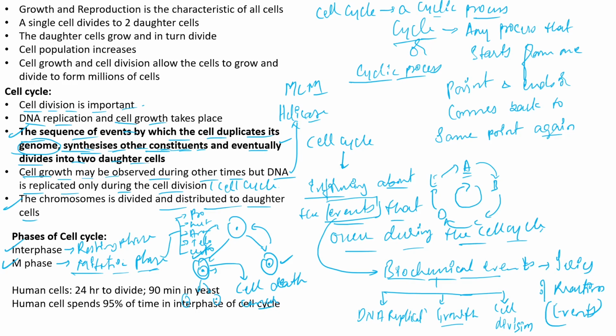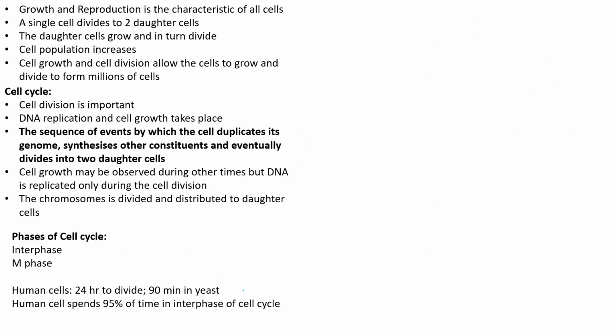And before this M phase, we have a big major phase called the interphase. Interphase was once thought to be a resting phase, but interestingly, it isn't. All of the molecules required for the M phase are prepared in the interphase.